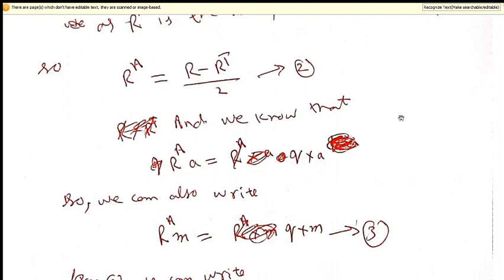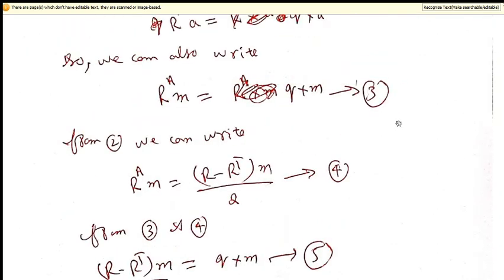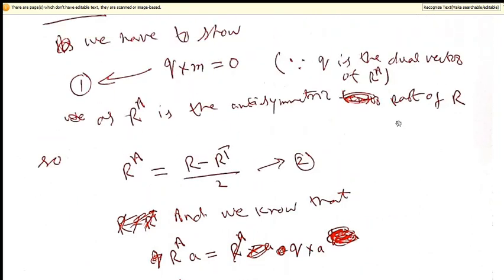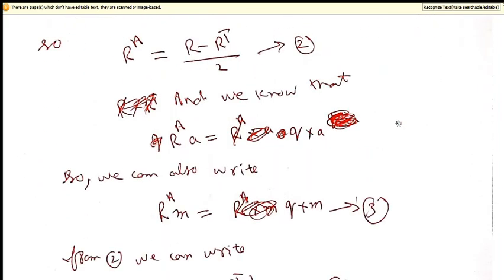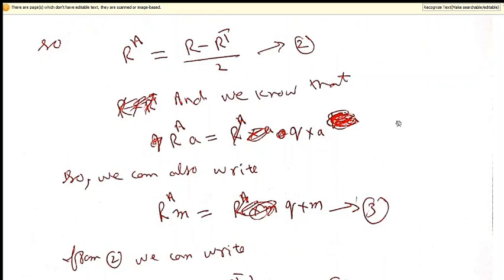So it means that we have on the left hand side Q cross M, as we have to obtain equation number 1. Here equation number 3 is telling that we have left hand side Q cross M. Now we will use equation number 2.